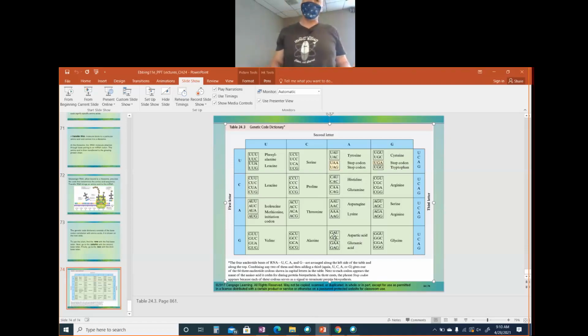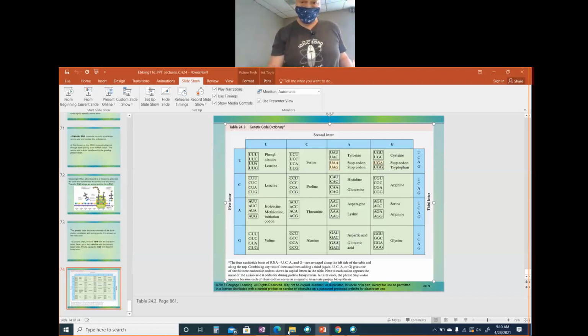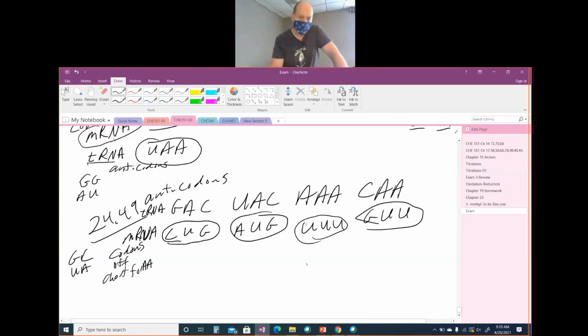They will use this as an anticodon chart instead of a codon chart. That will give you, of course, the wrong amino acids. This is a codon chart. You have to use the codons, and the codons are from your messenger RNA, not the anticodons, which are your transfer RNA, which brings in the amino acid. But it knows which one to bring in because the anticodons match perfectly to the codons on the messenger RNA.